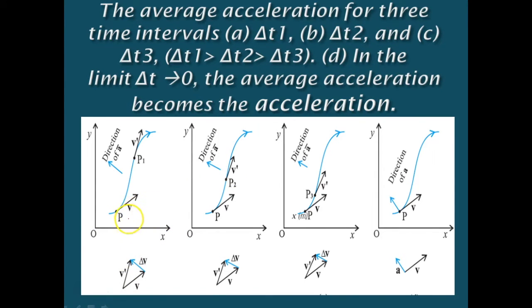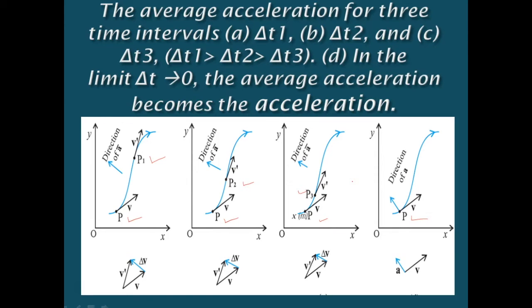And P1, P2, P3 represent the positions after time intervals delta t1, delta t2 and delta t3 respectively. And we are considering decreasing time intervals, that is delta t1 is greater than delta t2 and delta t2 is greater than delta t3.